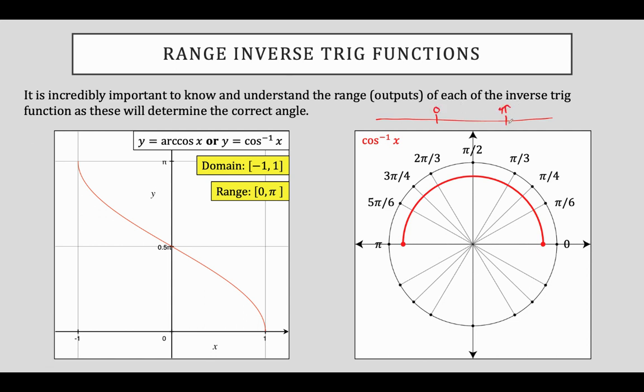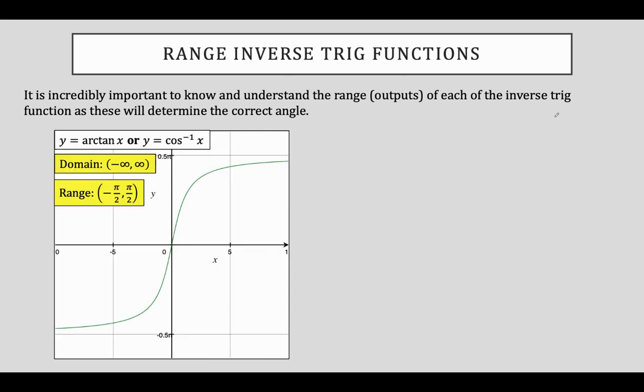If I get anything other than numbers between 0 and pi out, I'm doing something wrong. I could never get an answer for inverse cosine that would be maybe 3 pi over 2. 3 pi over 2 would be way out here on my number line. I only get out angles between 0 and pi.